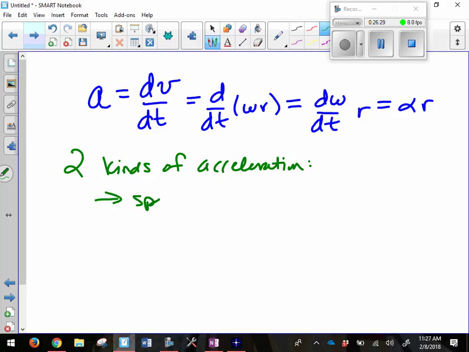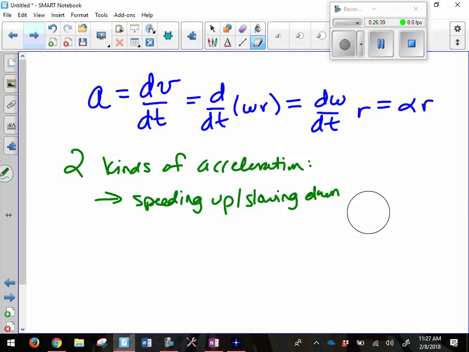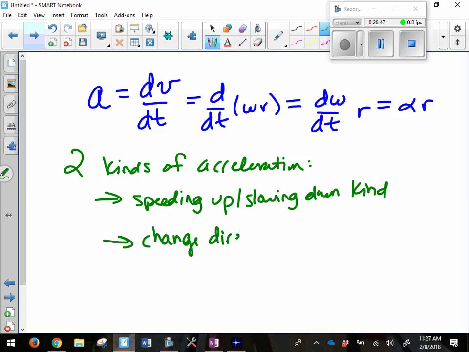There's the speeding up, slowing down kind, and there's also the change direction kind.